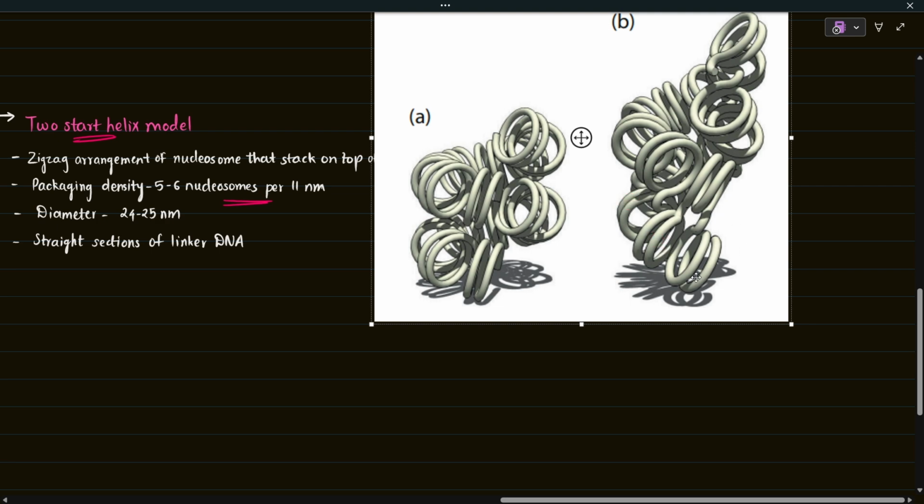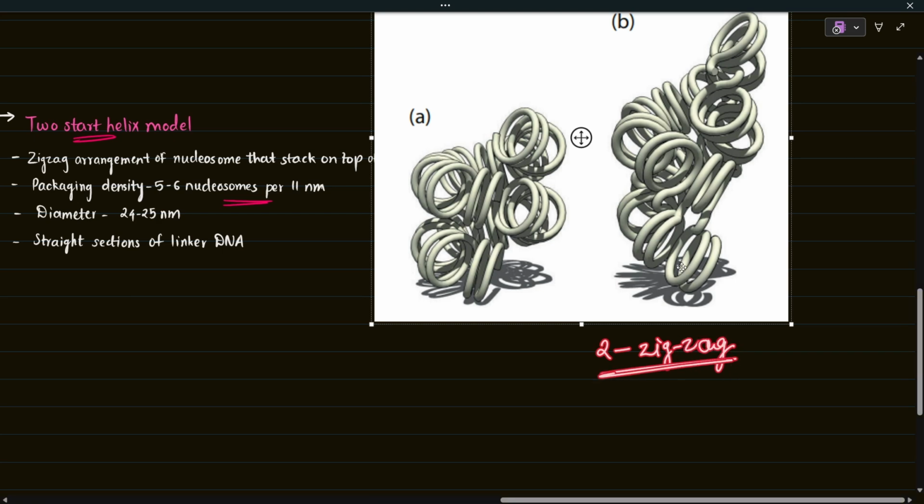So it is kind of zigzag. Can you see that zigzag? The first, second, third, fourth: 1 2 3 4. So it is wrapped up in a zigzag manner. The two start helix model is also known as the zigzag model.